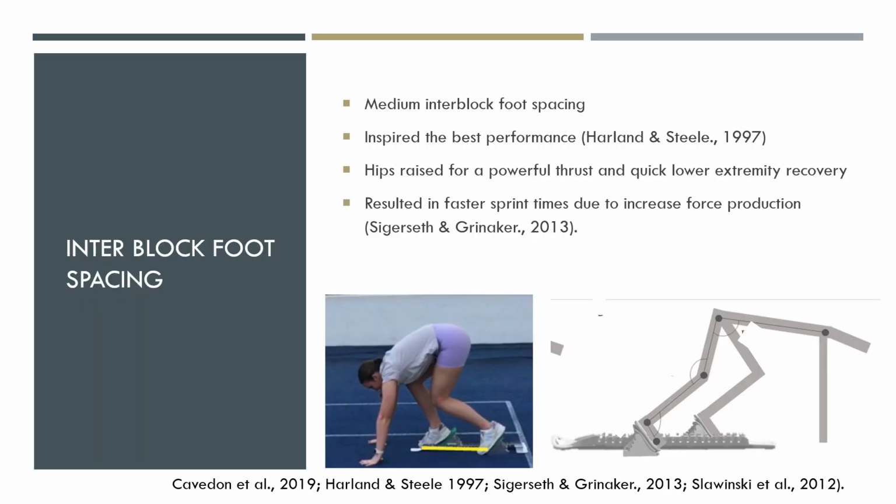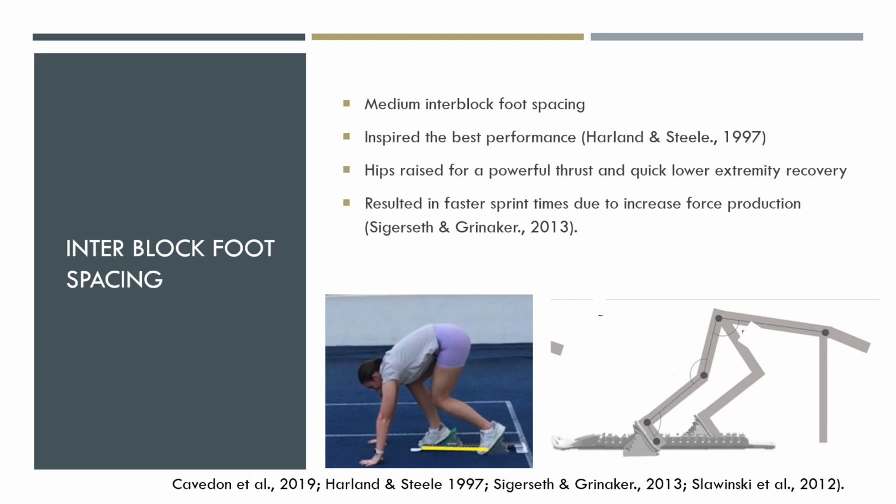In the blocks provided, the participant, without instruction, positioned themselves within the starting blocks and adopted a medium spacing of inter-block foot placement. This is a natural postural adaptation of the sprinter modified by the block adjustment. Inter-block spacing of the medium block inspired the best start performance, including the position of the hips raised high that enabled the performer to use extensor reflex muscle groups relevant to the sprint, producing the fastest acceleration with the powerful thrust and quick lower extremity recovery.